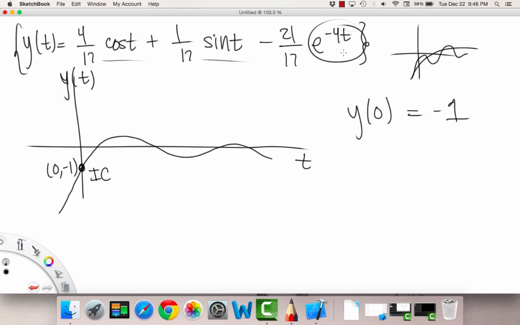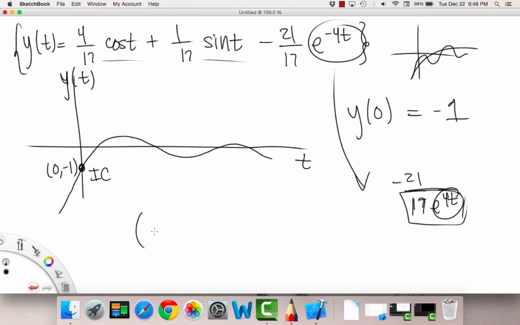And this term, even though it can be written as -21 over 17 with e to the 4t on the bottom, even if t is 0, the denominator is going to equal 1. So there's no way the denominator could equal 0, so there's no way our function could be undefined. Which means our interval of existence is -infinity all the way up to infinity. This is also known as all of the real numbers, so t can be anything that we want it to be.